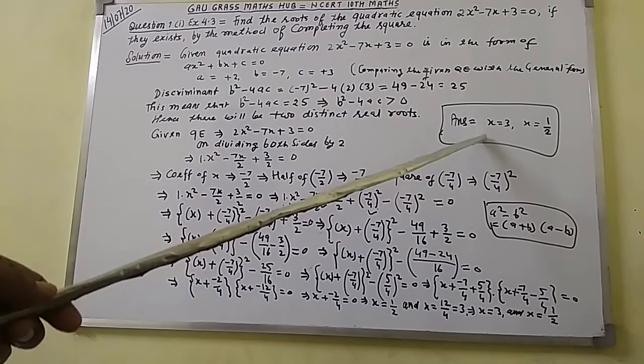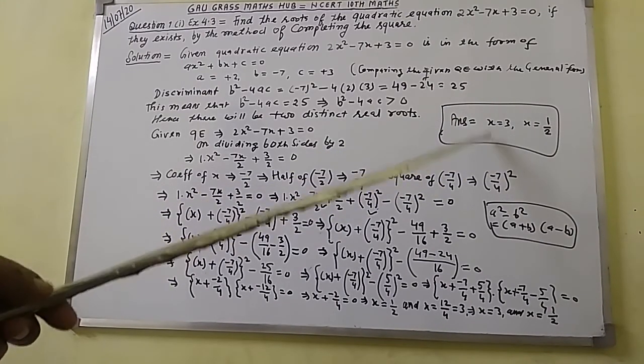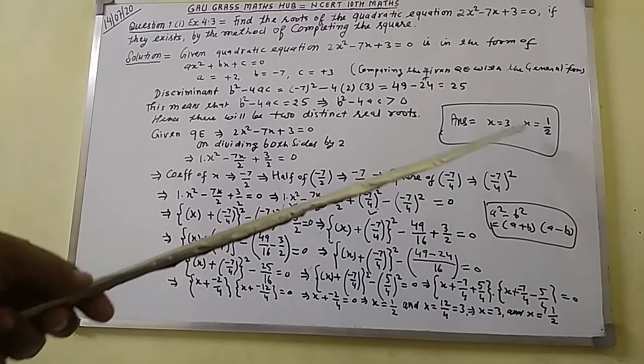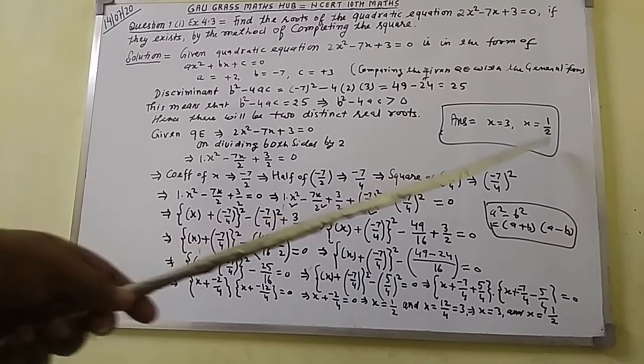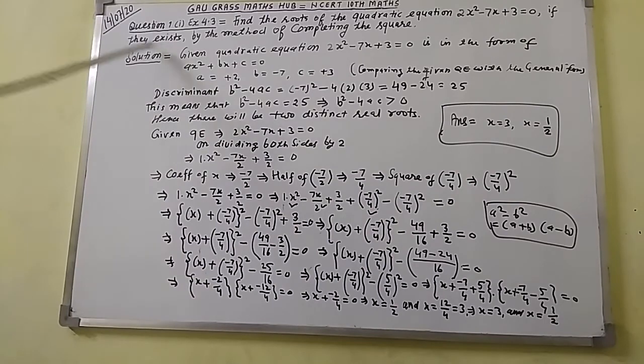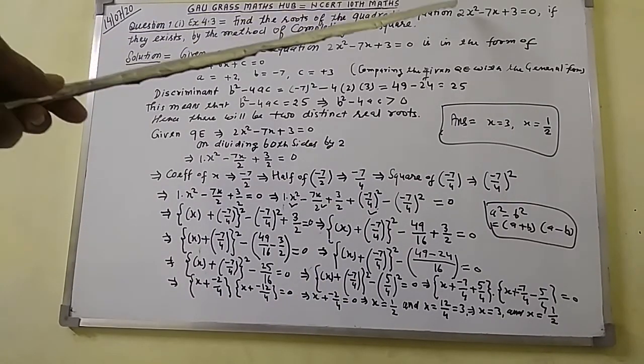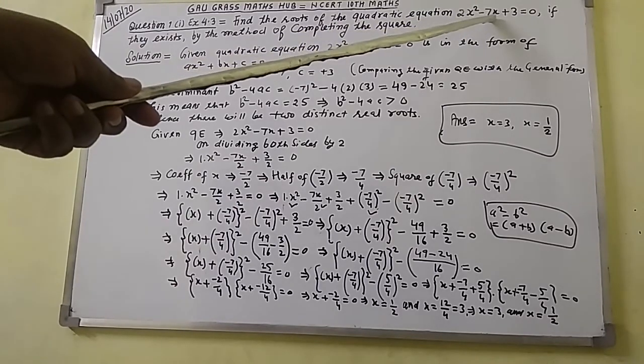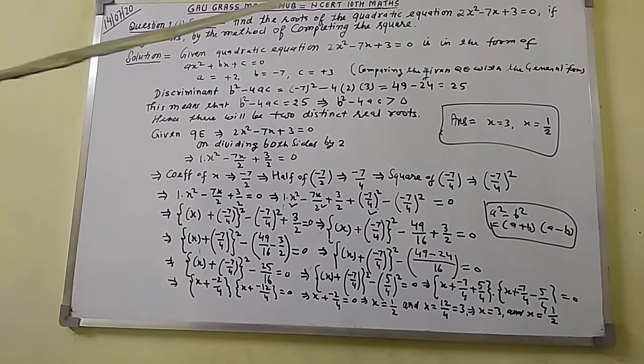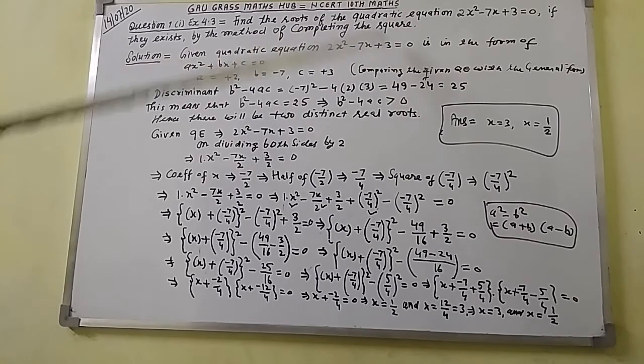The first root is x equal to 3, or x equal to 1 over 2. This is the complete solution of this quadratic equation 2x square minus 7x plus 3 is equal to 0 by the method of completing the square. Okay guys.